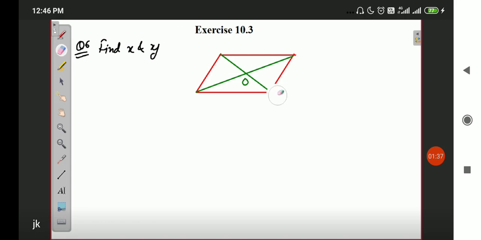Let me name it as it is given in the book. P is here, Q, R and S. Now what is given to us in the diagram is length SO is 20 centimeter.